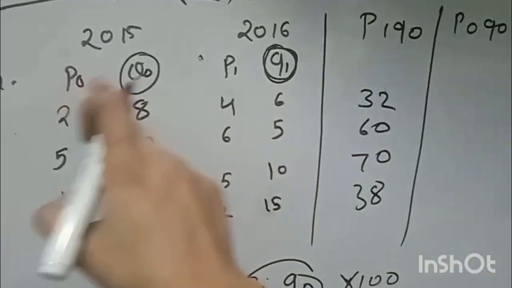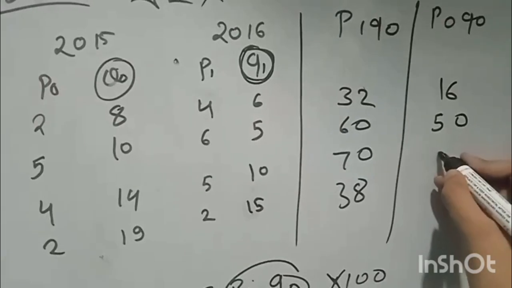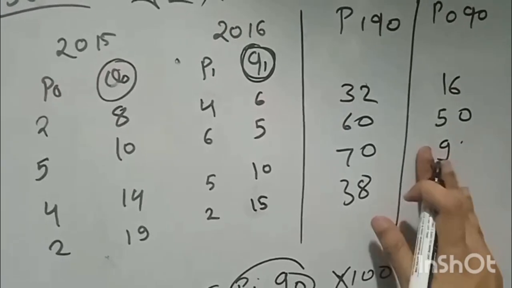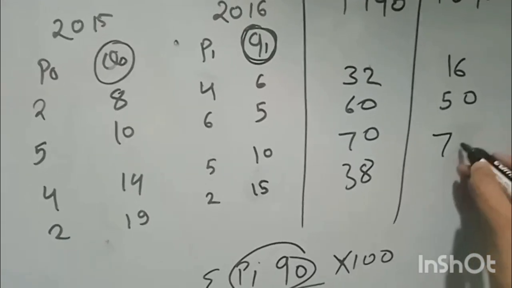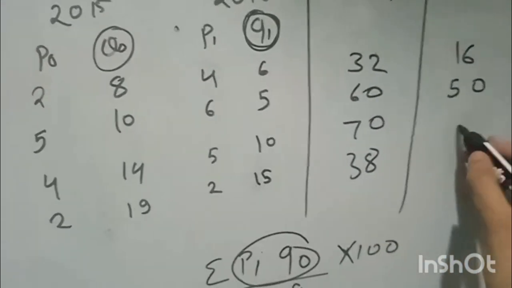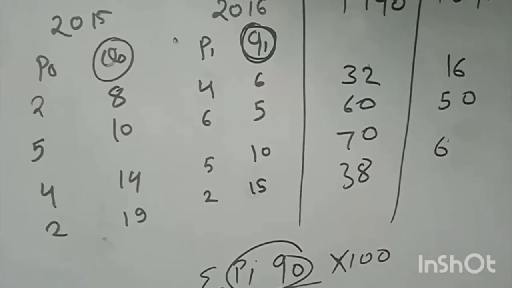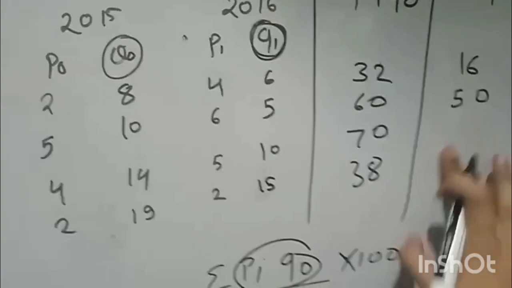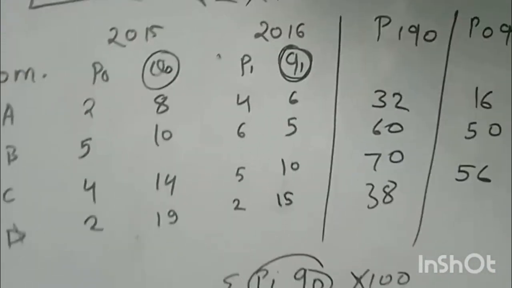P0Q0: 16, 50 and 96, sorry, 76 I guess. I'm so sorry, 14, 60, 14 1s are 14, 14 2s are 28, 14 3s are 42 and 14 4s are 56. Okay, I remembered 16 fours are 64.